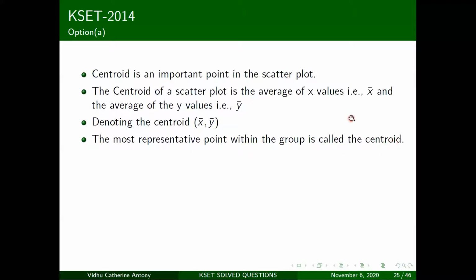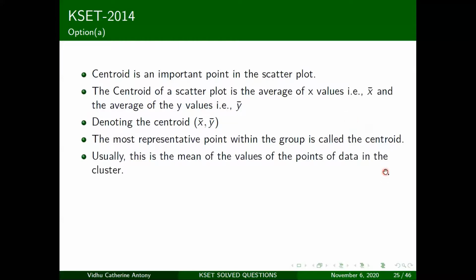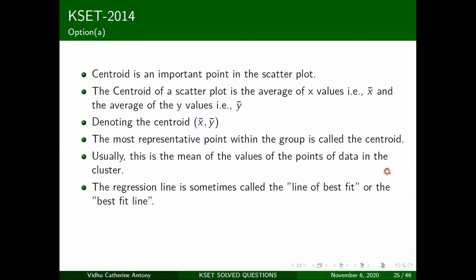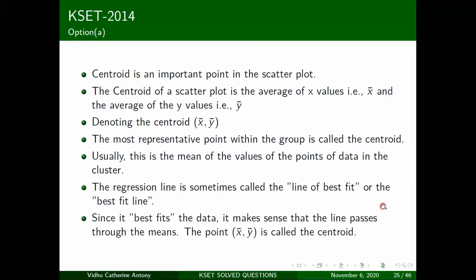Okay, so it's an extremely important point. Why do they call it the most representative point? It's because it's the average value. Now let's look at this part. The linear line, the regression line, is sometimes called the line of best fit or the best fit line. Since it best fits the data, it makes sense.